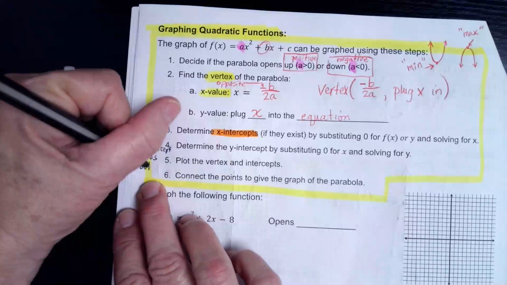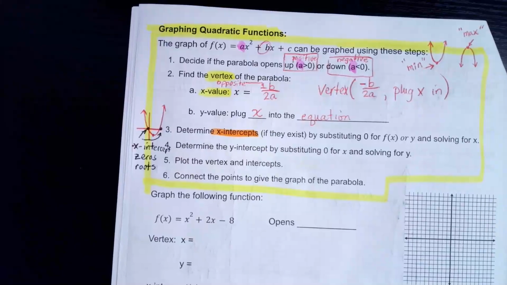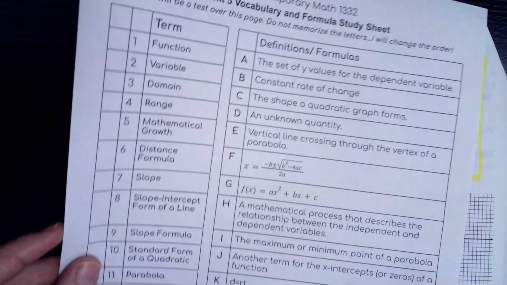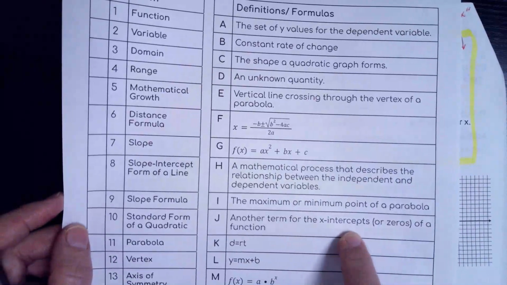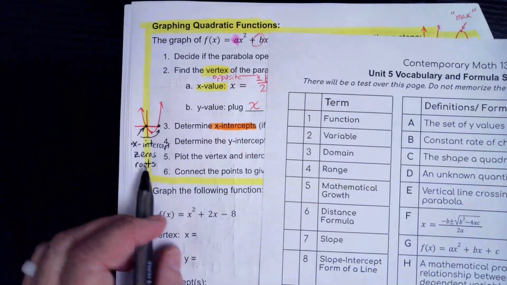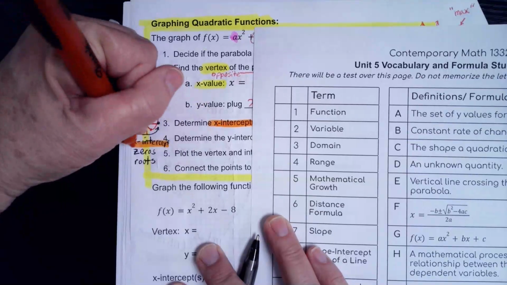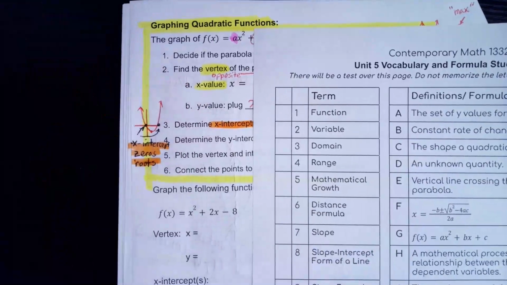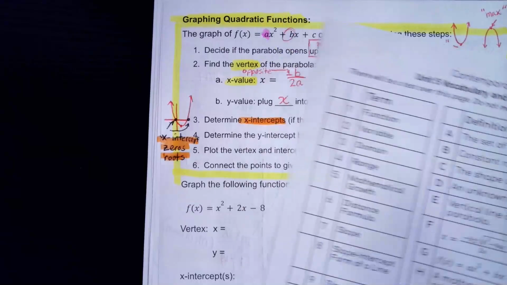So I believe on your matching, somewhere there is a definition that says another term for x-intercepts or zeros. Well, what 3 terms did I just give you? Roots, x-intercepts, and zeros. So maybe another term for x-intercepts and zeros would be roots. Oh, well, look, that's right there, number 15.